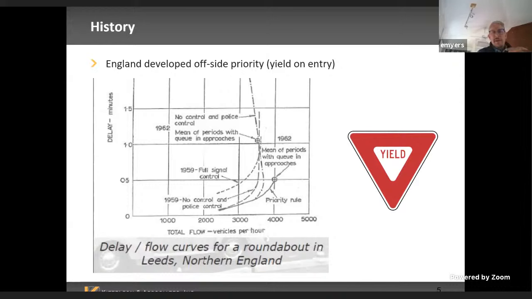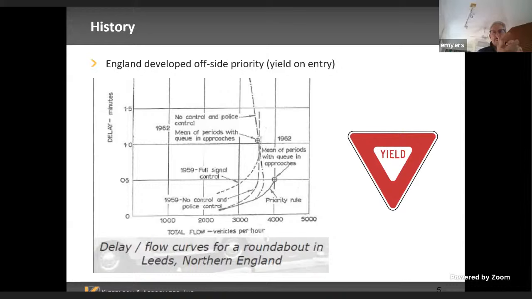So in about 1966, they introduced this term called offside priority, and it really increased the capacity of roundabouts, and the delay flow curves for roundabouts in England really showed that they were a very efficient form of intersection control as opposed to inefficient.